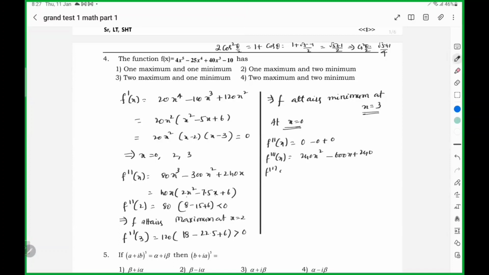F triple dash 0, either you get negative or positive, we say no minima, no maximum. If the even derivative is greater, it means minima; if lesser, it means maximum. So the final conclusion: one maximum and one minimum.